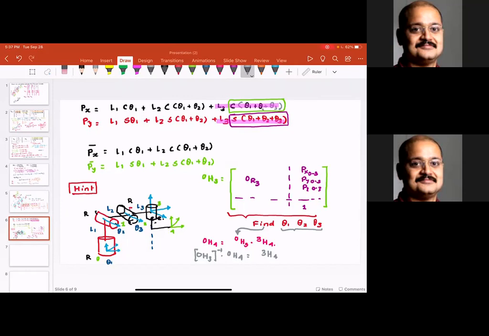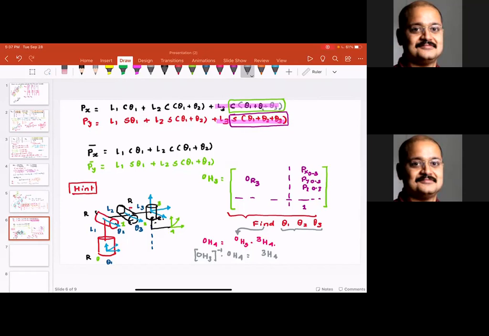So you can solve 0h3 and get the values of theta 1, theta 2, theta 3 based on px, py, and pz. Everyone understood this? Now the last problem is, how do we get the value of theta 4? To find theta 4, you need to split the final homogeneous transformation matrix into 0h3 and 3h4.